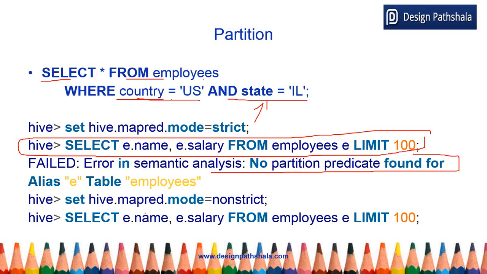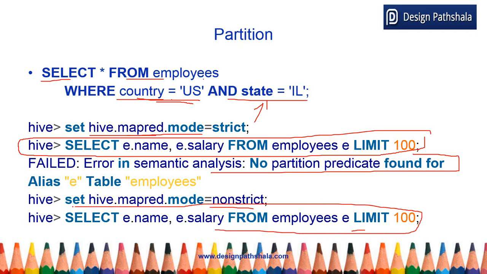So by default, Hive mode is strict, requiring partitions in your where clause, and to disable the strictness, you can just change this property called hive.mapred.mode to nonstrict, and you can query a partitioned table without giving partitions. In this case, it will go inside each and every folder of your employees directory and read each and every file inside each folder and print the output for you on the screen.